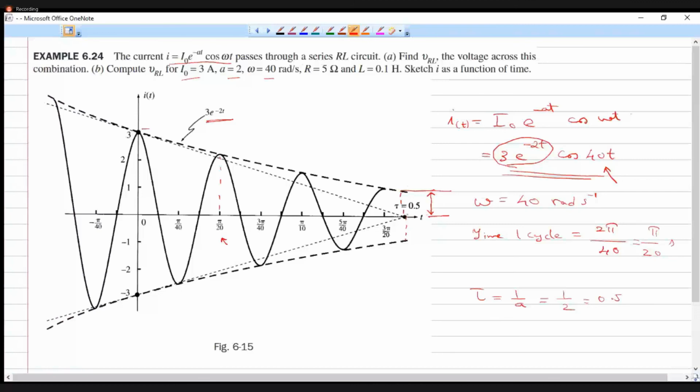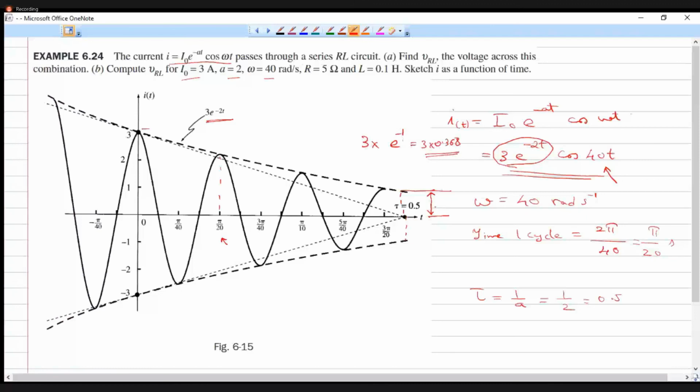Maybe it is 1.5. That could be arrived at by the concept of tau. Because I said at t is equal to 1 times tau, the value of this exponential would have dropped to e power minus 1 times the initial value. So this value will be equal to 3 into e power minus 1, which should be 37 percent of this. So that will be 3 into 0.368. So if you are telling that this is equal to 1.5 around, then it is correct.